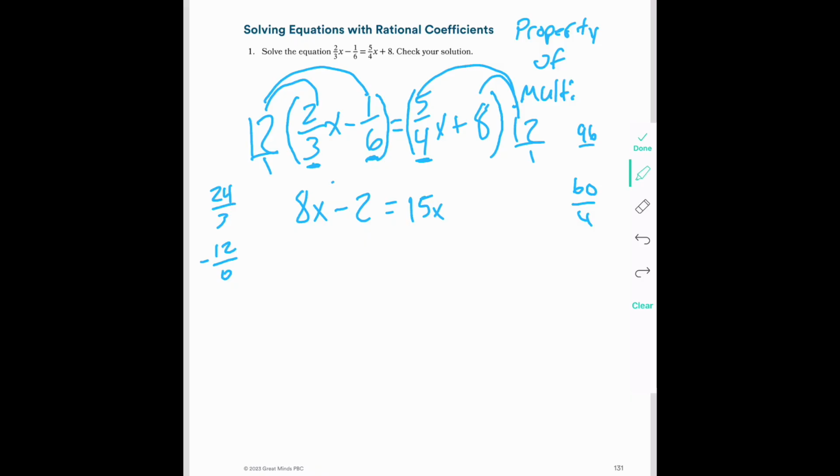And then that'd be over 1. 96 over 1 would be equal to 96. So that'd be plus 96. Okay? So now my entire expression, it should still be equal because I multiplied it by the same number, and now I have all whole numbers. So my process should be a lot easier now.